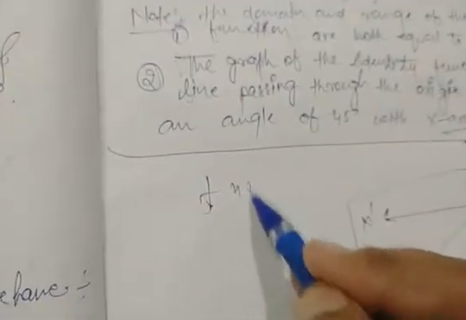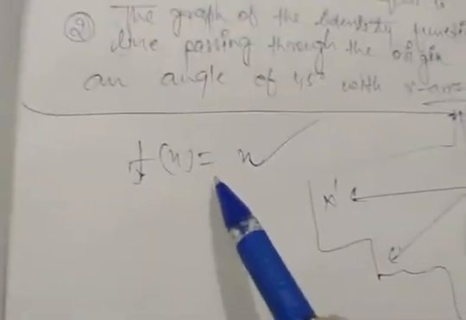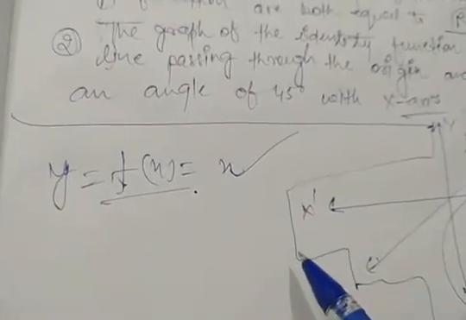Any function in the form f(x) = x is called the identity function. And f(x) we also generally denote by y, so we take y = f(x), that is x. This is called the identity function.